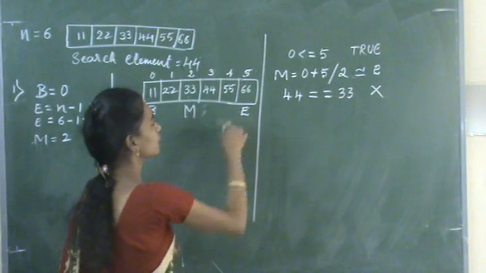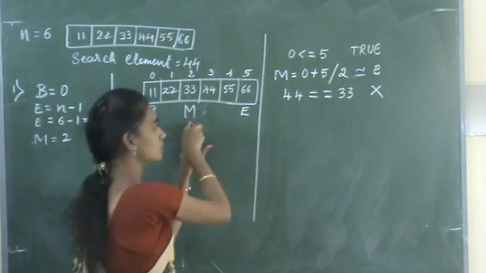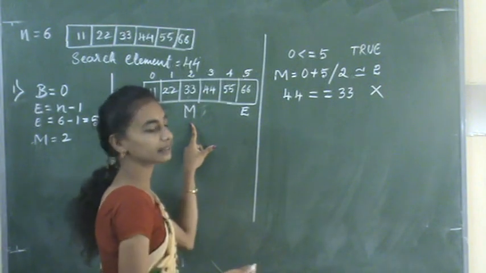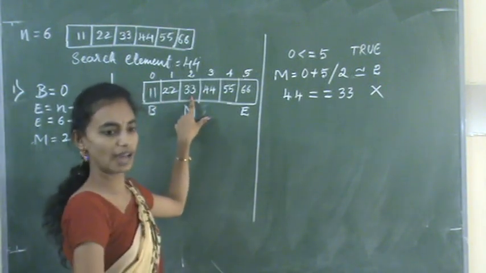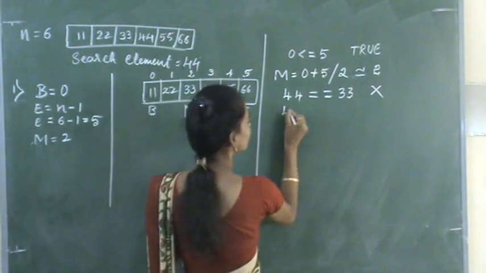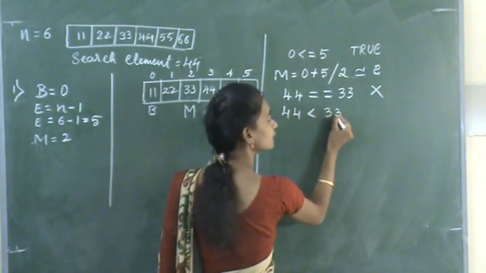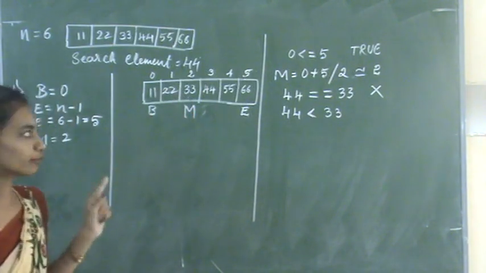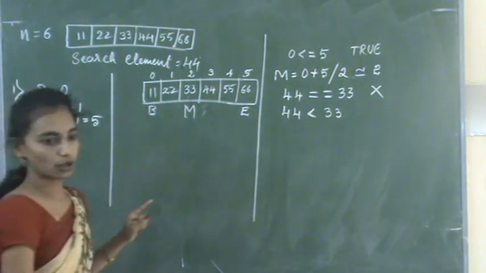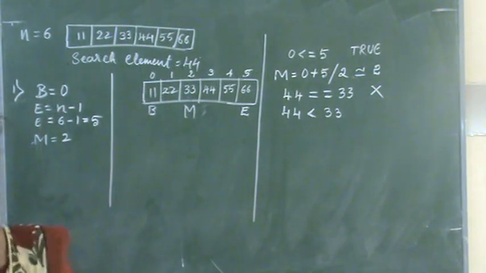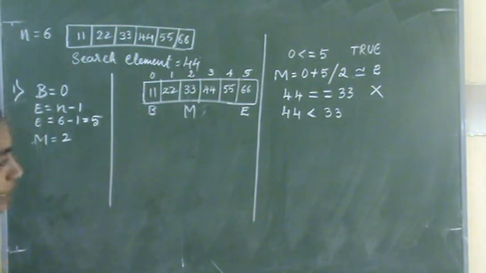Next we need to check whether the search element is less than or greater than the mid value. Is 44 less than 33? No. That is false.